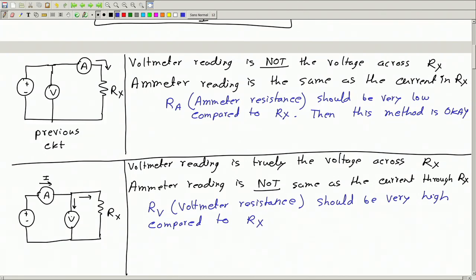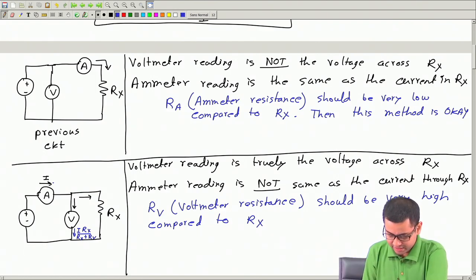So why compared to Rx? Because if this Rv is very high compared to Rx, then most of this current I will flow through Rx and very little current will go through this voltmeter, because according to the current divider rule, this current we can write as I multiplied by Rx divided by Rx plus Rv. Now if Rv is very high, then this current will be almost equal to 0, and this current, according to the current divider rule, is I multiplied by Rv divided by Rv plus Rx.